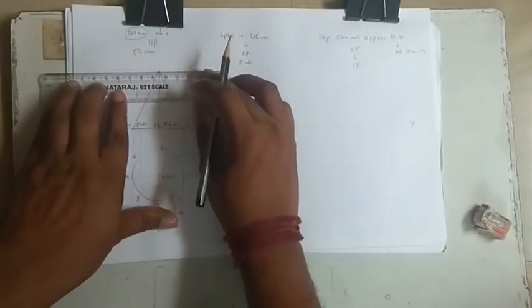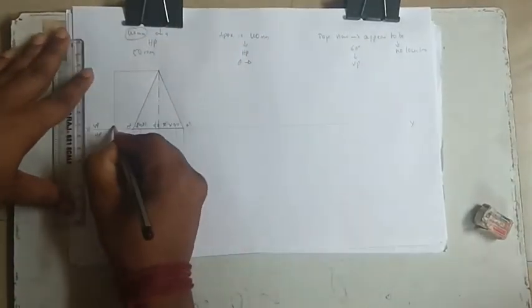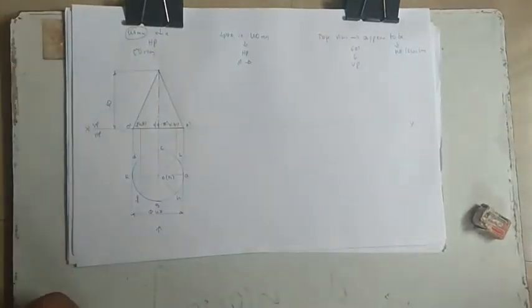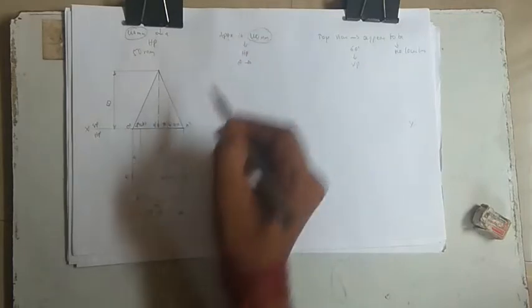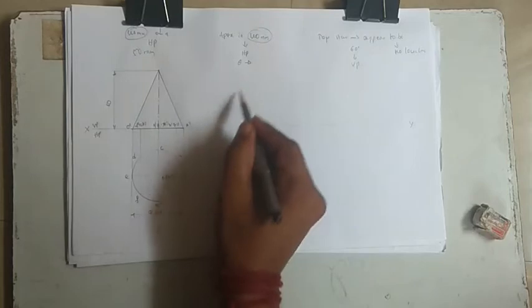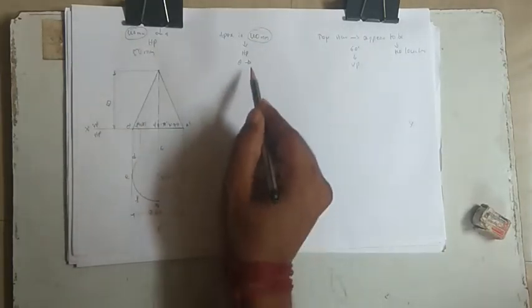So just to make the dimension, you take a length from here and here. So now this is 50 mm. Okay, so this is how exactly it is visible. Now what they say, the apex is 40 mm, means this apex, now it's 50 mm. So when we rotate this like this, this apex should be 40 millimeter above HP.